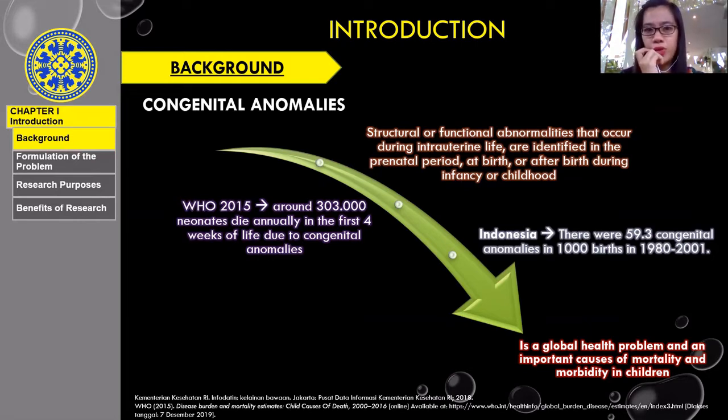With data from WHO in 2015, around 3,300 neonates die annually in the first 4 weeks of life due to congenital anomaly. And in Indonesia itself, there were 59.3 congenital anomalies per 1,000 births from 1980 until 2001. This is a global health problem and an important cause of mortality and morbidity in children.